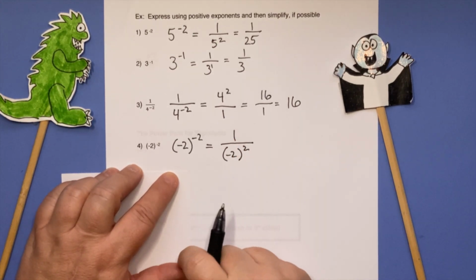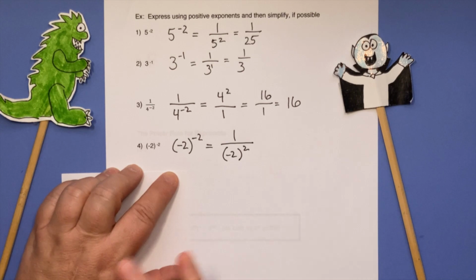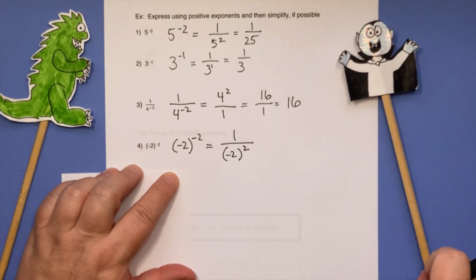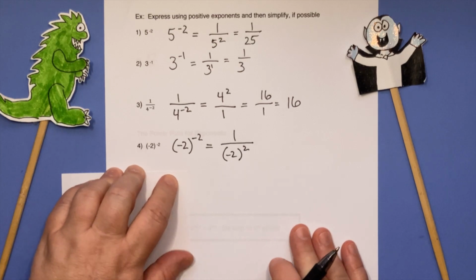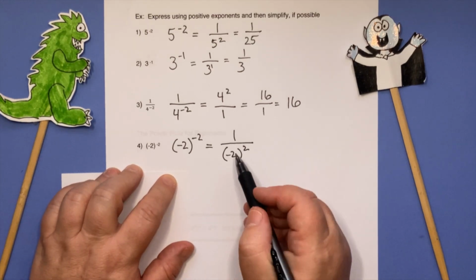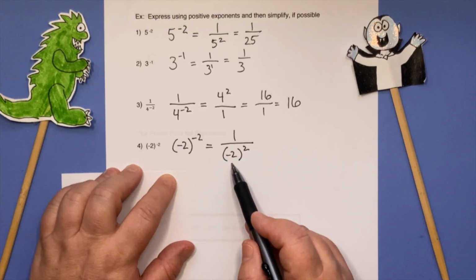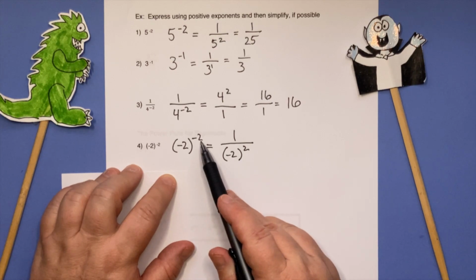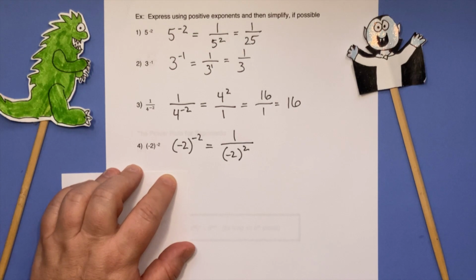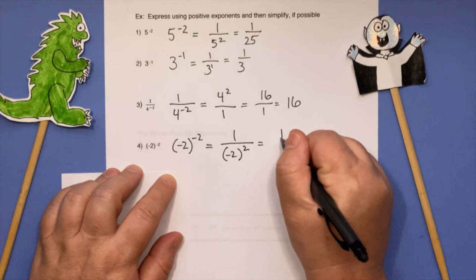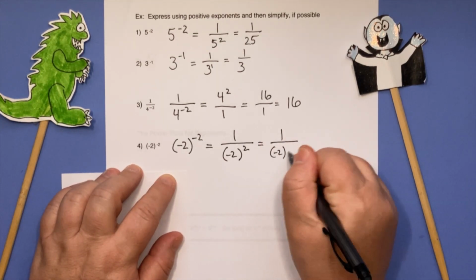I know. You could do a lot of therapy on me based on how I teach math. Exactly. But that is going to be our goal. We're going to work on helping all the numbers to feel happy. So I moved the negative 2 down into the denominator. Notice that the exponent changed sign. I used that to move it. And then I think to myself, okay, I've got negative 2 squared.